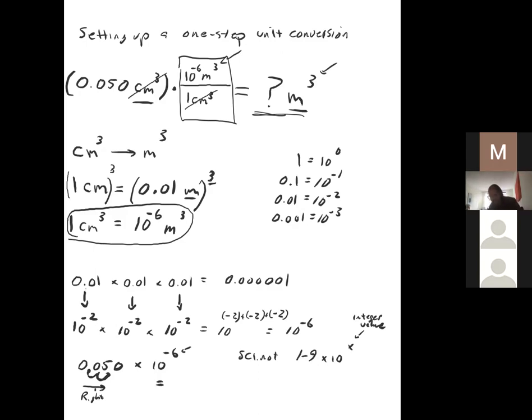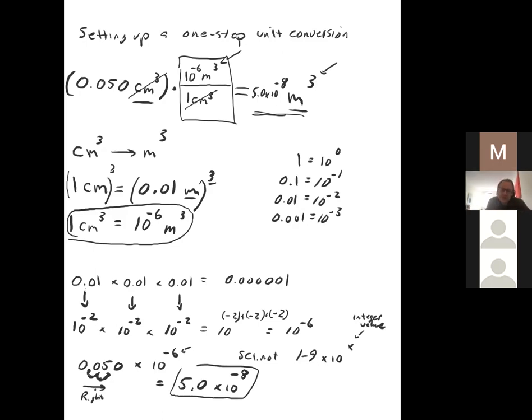So you get 5.0, we moved it 2 places, and more negative by 2 would be -8. So where the question mark would be, our answer would be 5.0 times 10 to the -8.